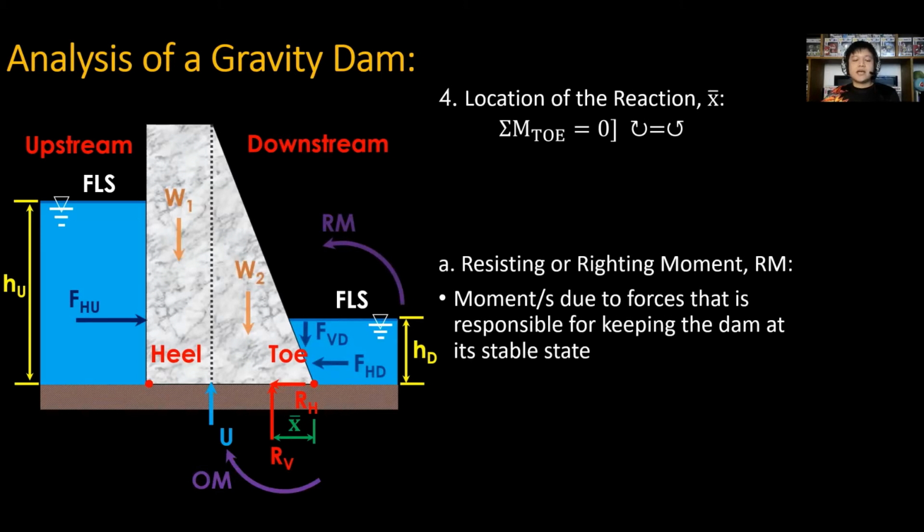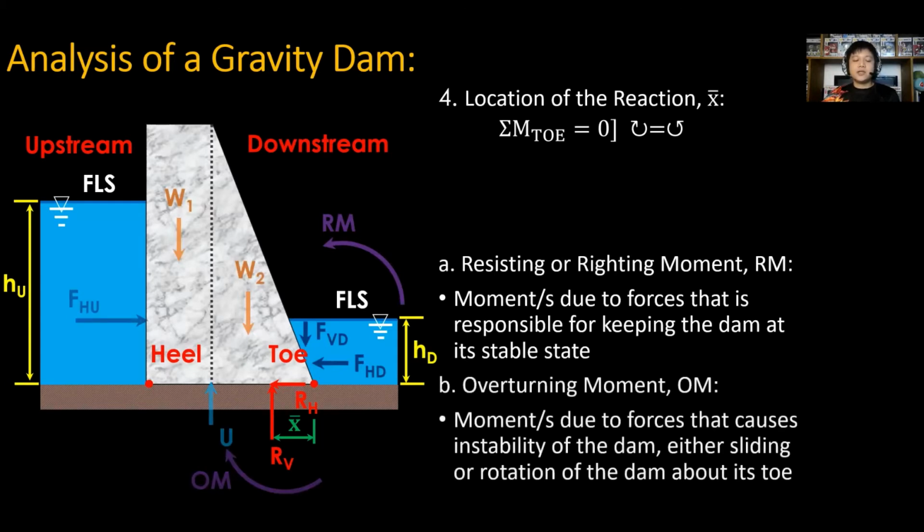Next is to represent clockwise moments as OM for this orientation of the sample section. Therefore, for overturning moment, these are moments due to forces that cause instability of the dam, either sliding or rotation of the dam about its critical point, that is the toe.